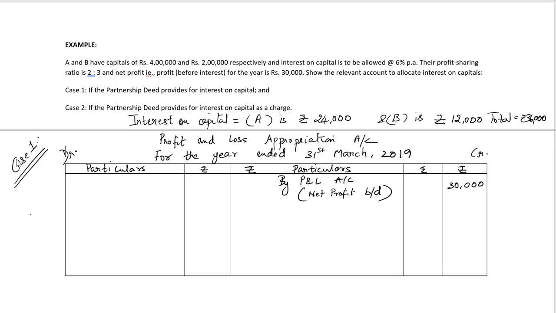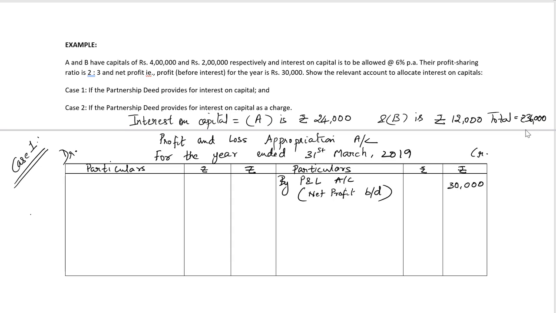Now we need to allow interest on capital, but the total interest on capital is coming to rupees 36,000, whereas we have a net profit of only 30,000. Appropriation can be made only to the extent of profits available, so we can allow interest on capital only to the extent of 30,000.